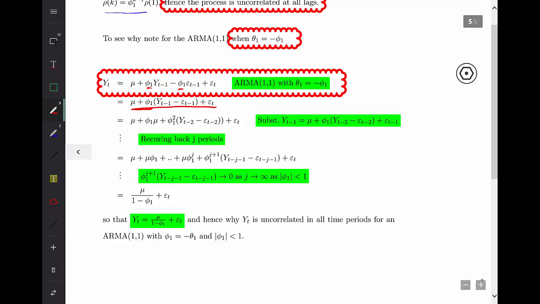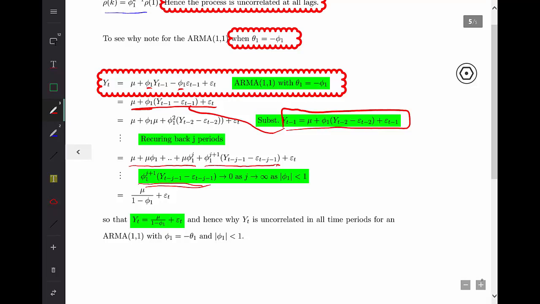This holds for yt, it also holds for yt minus 1, go back one period, and substitute into here. We're going to get down to here. And if we keep going, j periods back, we can see we're going to get this sequence developing as normal. And we're going to get phi 1 to the j plus 1 times this term here. And as j goes off to infinity, this tends towards 0.